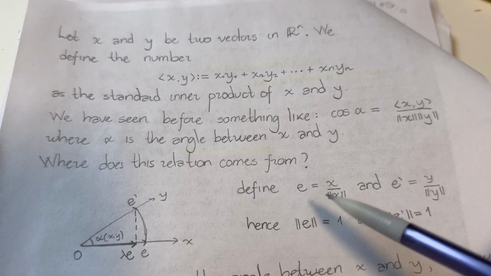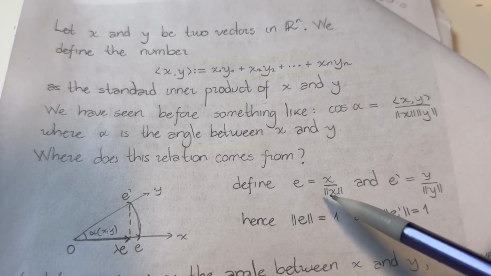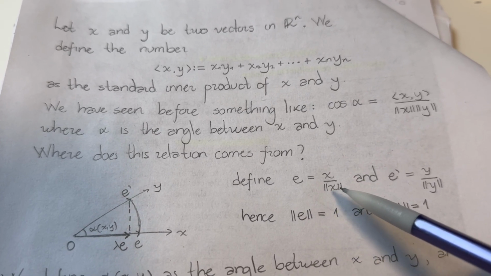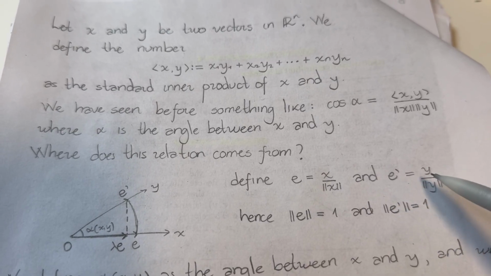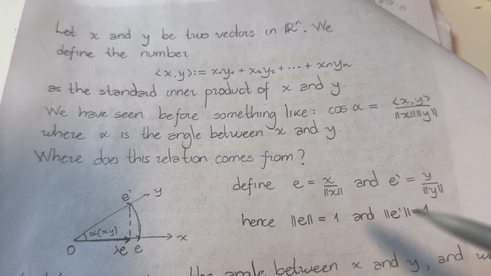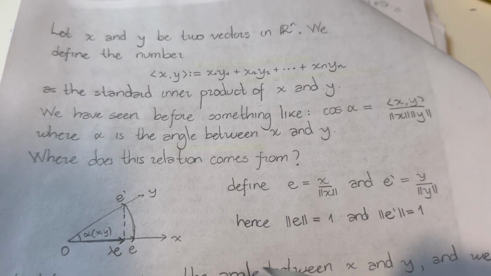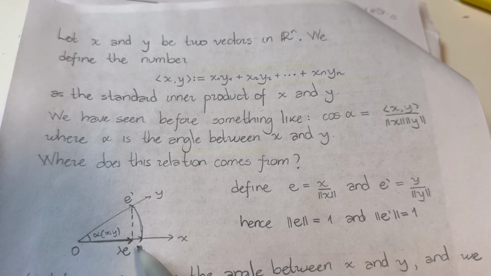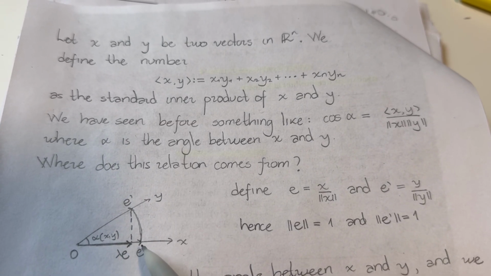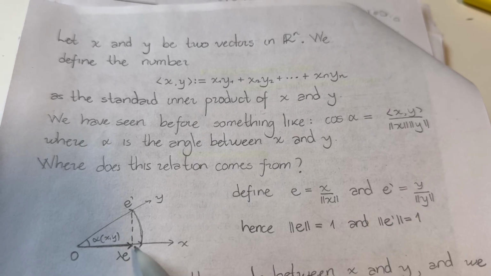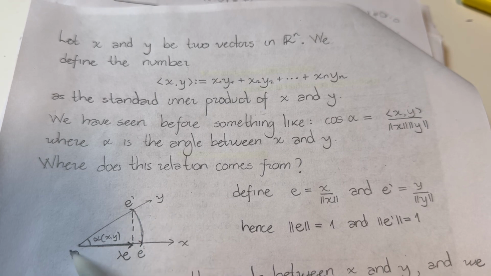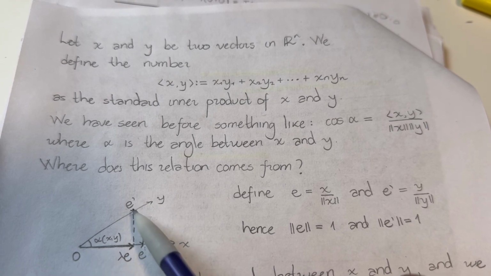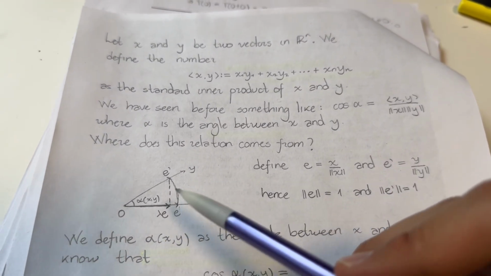We define E to be the unitary vector taking x, and E prime to be a unitary vector taking y as the vector that we're going to define onto. So we can visualize E as this vector here up to here, and E prime as this vector until here. And we have defined alpha as before.